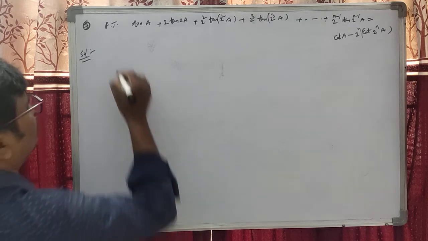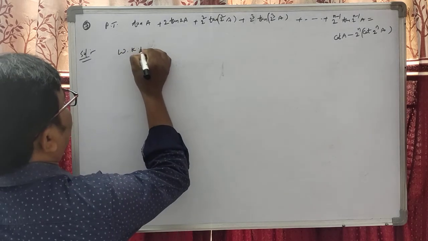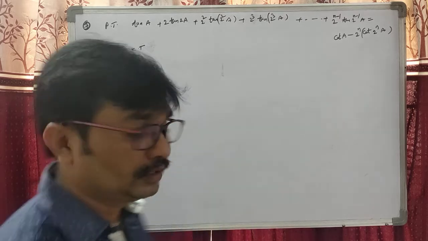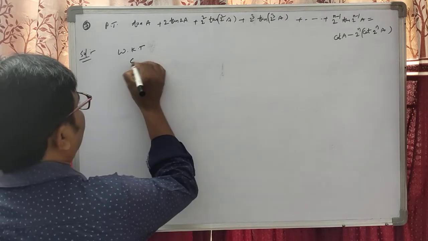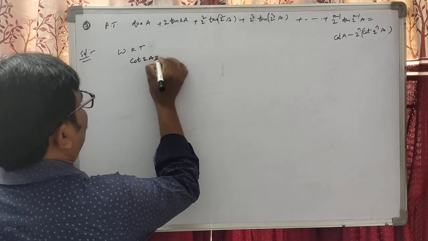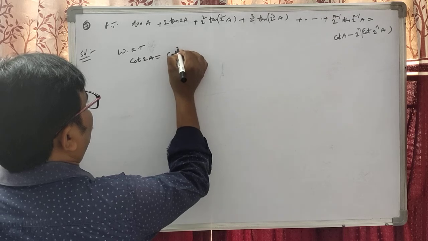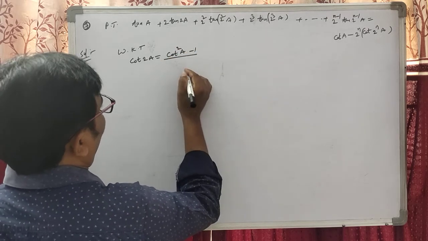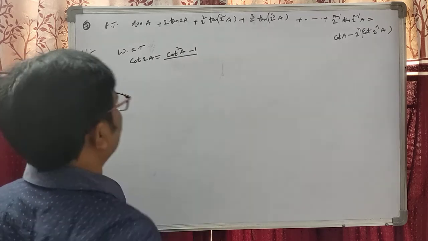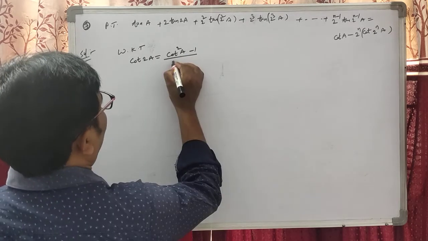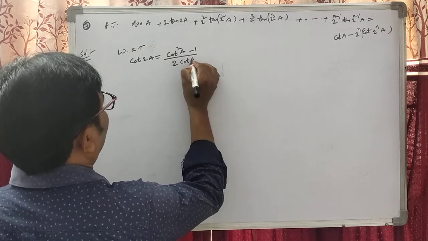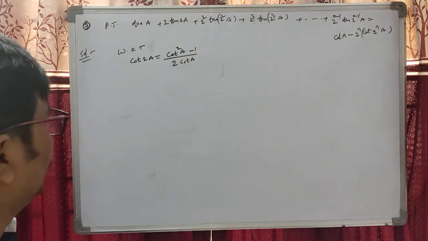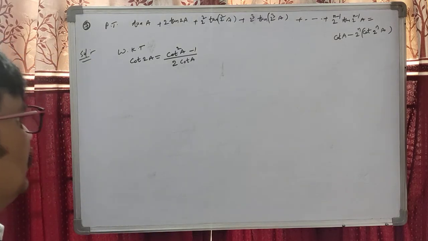So we know that cot 2a is cot square a minus 1 by 2 cot a. This is the formula, students. What is the formula, dear students?